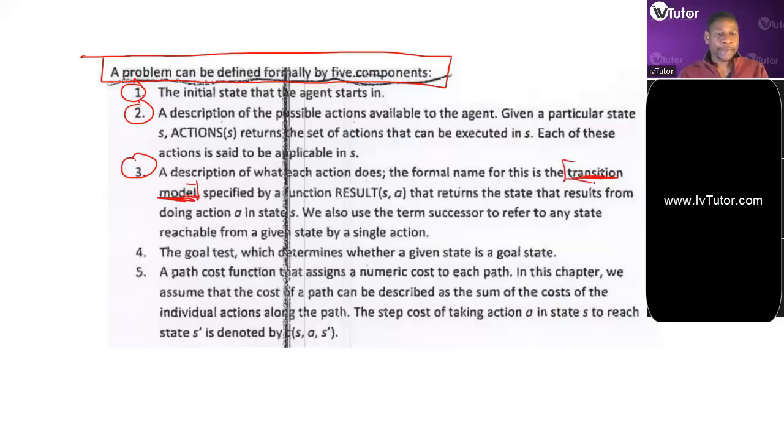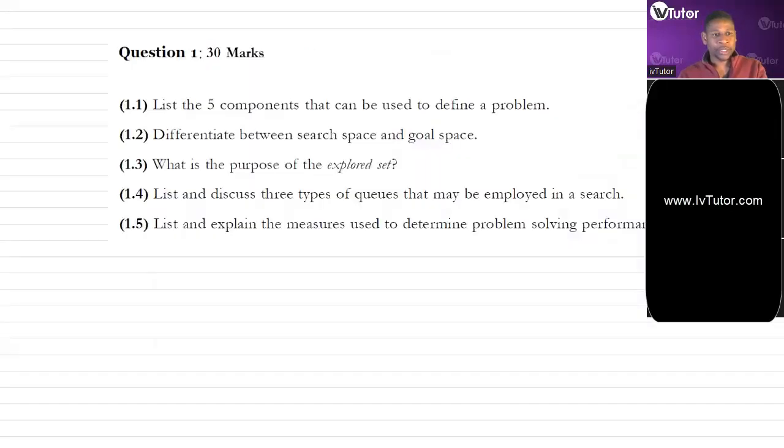Then the goal test and the path cost function. So those are the 5 components of a problem. Does that make sense? Yes, it does. Thanks. So that is how you would answer this one.